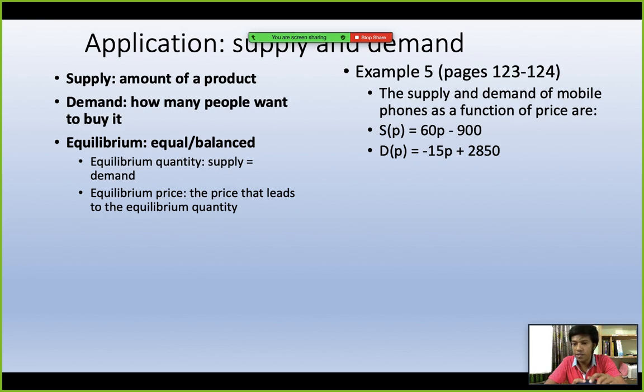They will go for something else, or they will try to minimize their demand. So if the price of the product goes high, there is less demand for the product. People do not want to buy it.